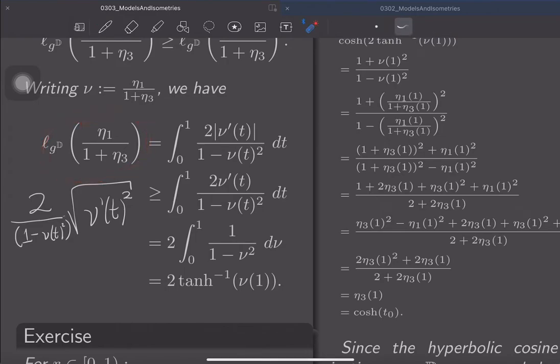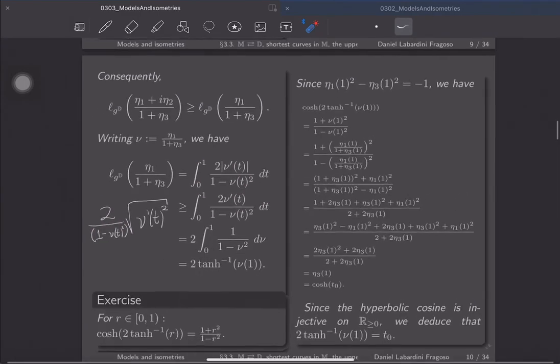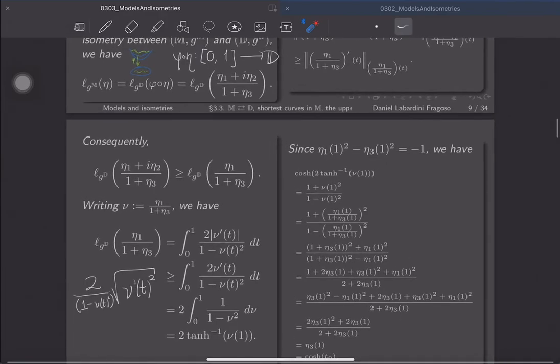And if you think about it, that's precisely what is written here. Because square root of a square is just the absolute value of the thing inside. So absolute value, and that's just the absolute value of a real number. And then this 2 is this 2, and then here I have precisely this. So I have to integrate from 0 to 1, as Jonas said, from 0 to 1.